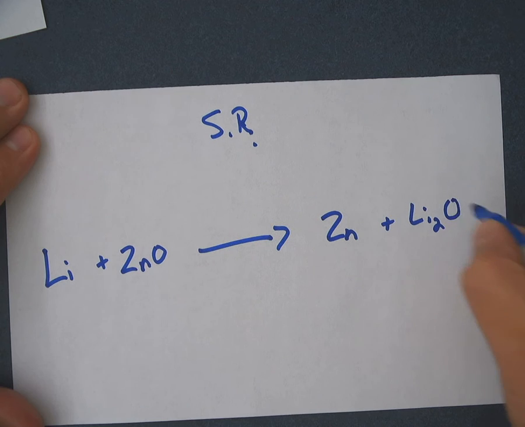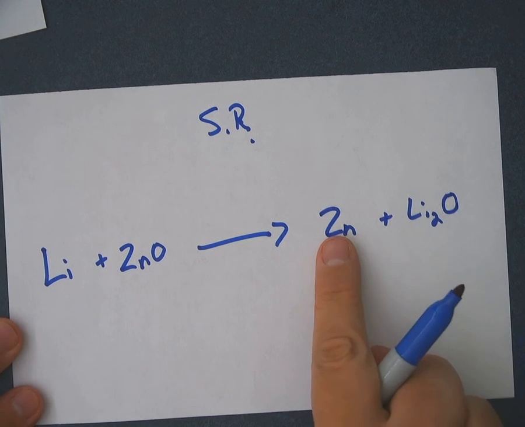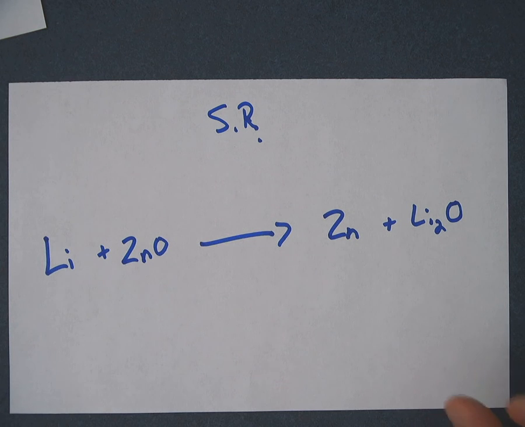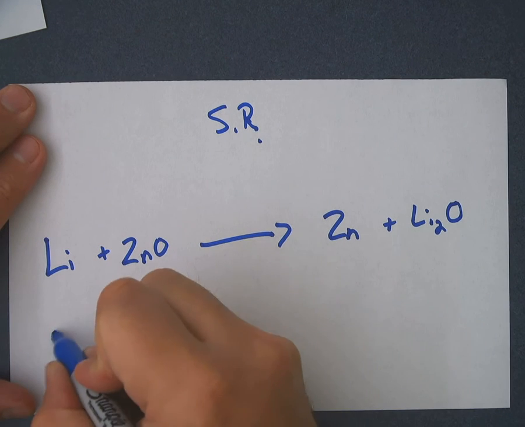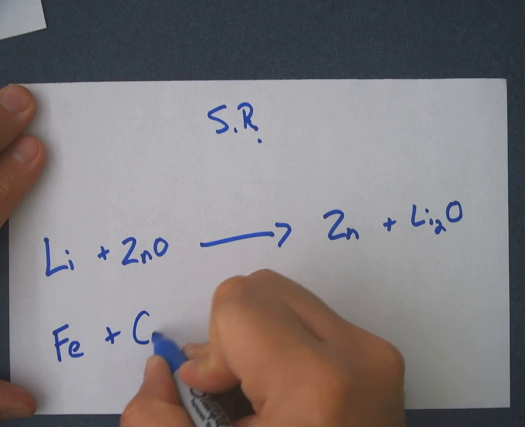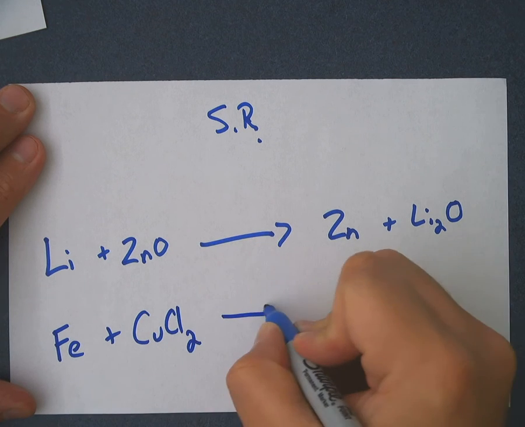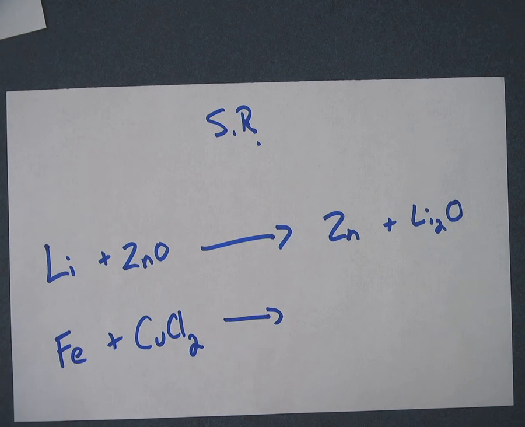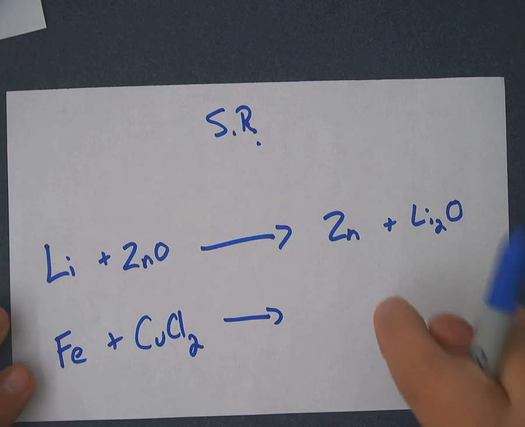And we have a different single and a different pair. The lithium's now paired with the oxygen. Could you just see this compound and realize that it's going to be single replacement and then try to pull off a single replacement? This is challenging.